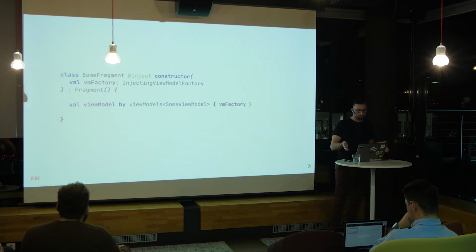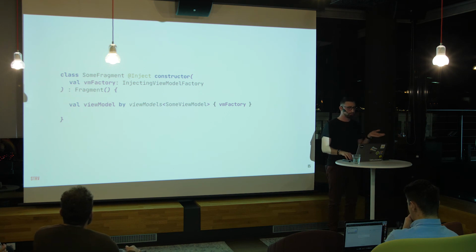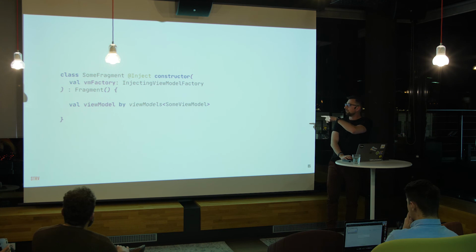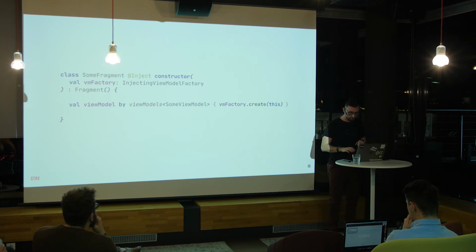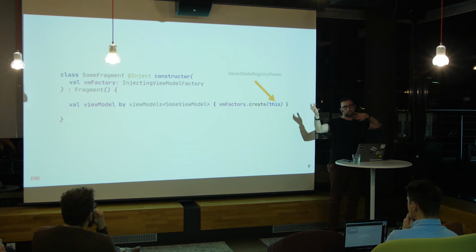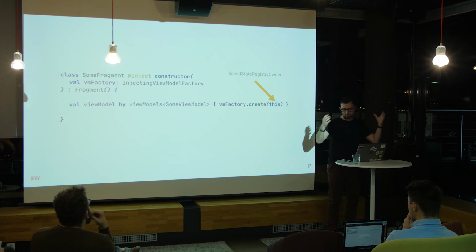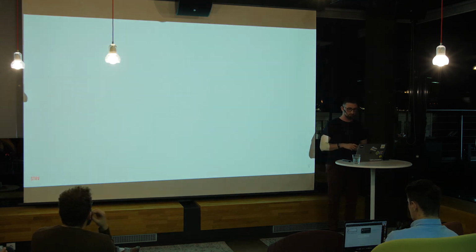In the fragment, the only thing we need to change is instead of the factory, we now manually call the create and put this, which is the dynamic parameter in the fragment. That's the SavedStateRegistryOwner. And by doing this, somehow, not somehow, I just told you how, magically it works, and yeah, that's it.